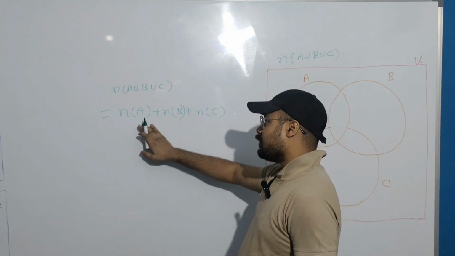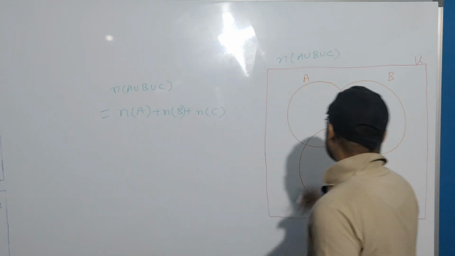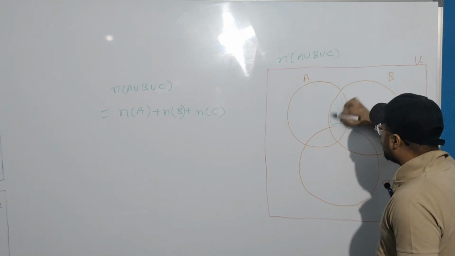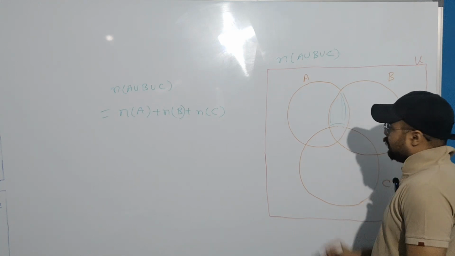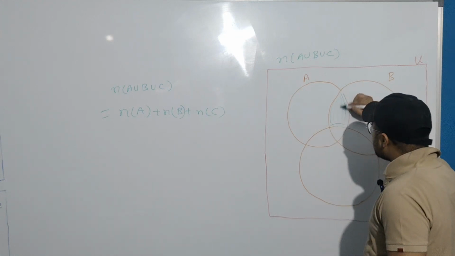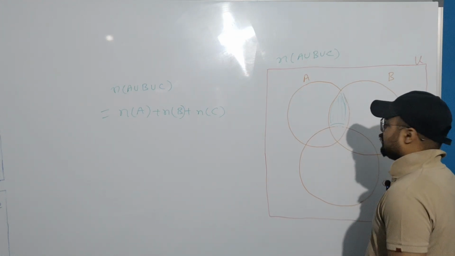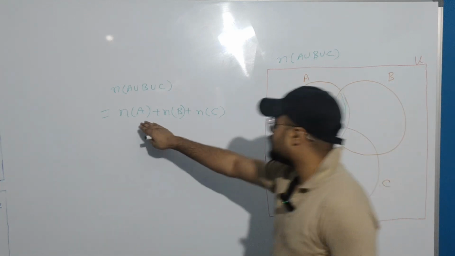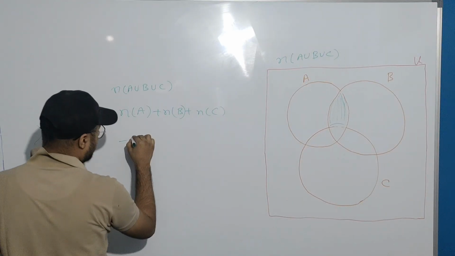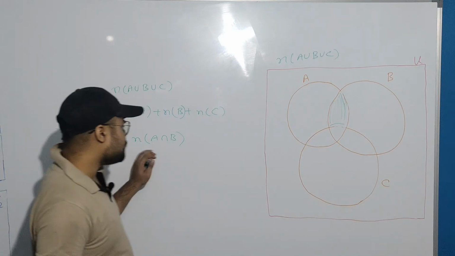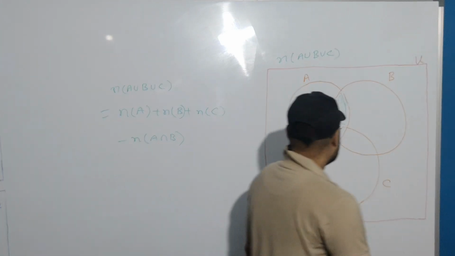When you write the elements of A, you are including this region once. But when you write the elements of B, this region is counted twice. So from this sum you have to subtract the number of elements in A intersection B, because these elements are counted twice.